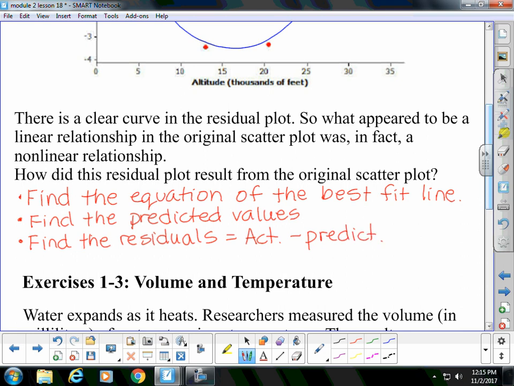And then finally you can graph the ordered pairs: the original x's, and the residual as your y. Okay, so that was how we actually make the residual plot.